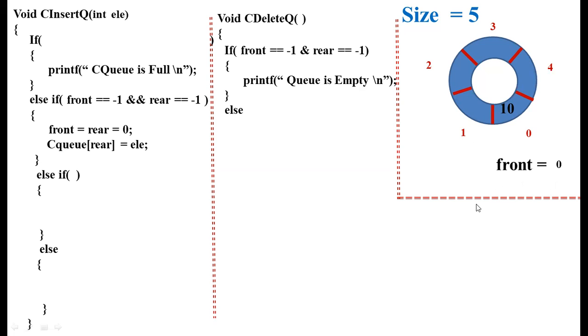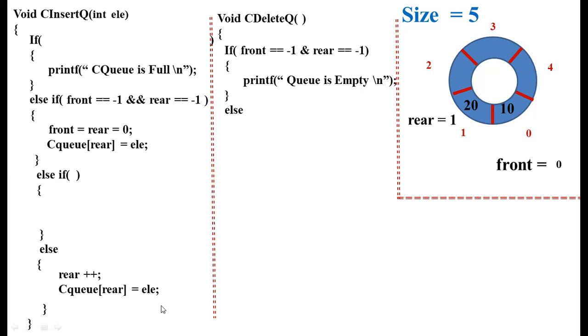It becomes rear plus plus. Then whatever element we have collected, that element needs to be stored into CQ of rear. This is the logic we need to apply here.